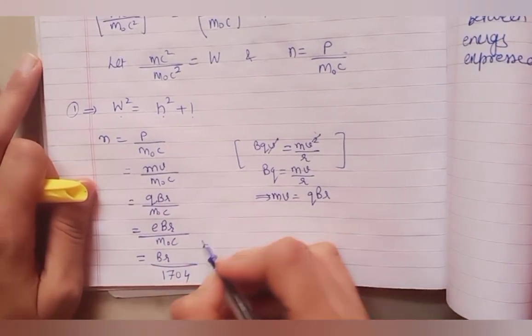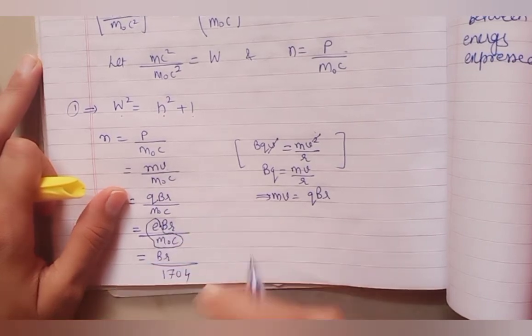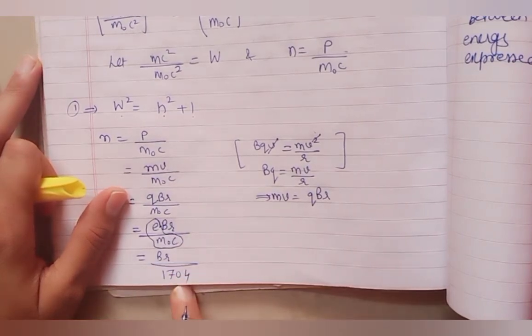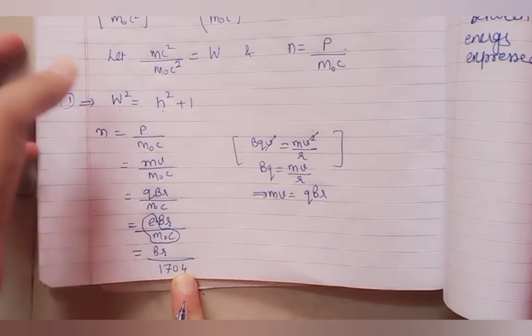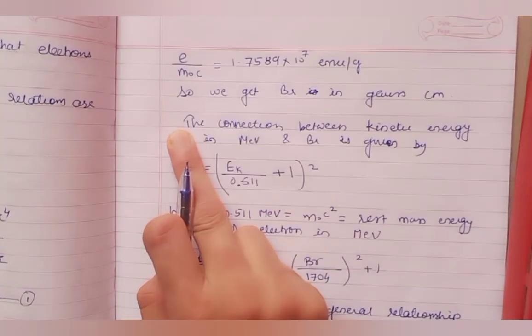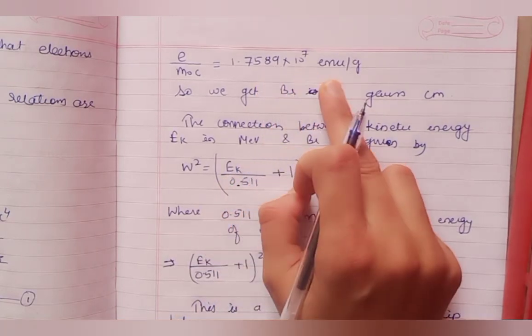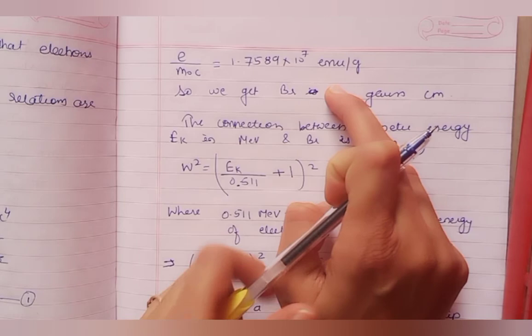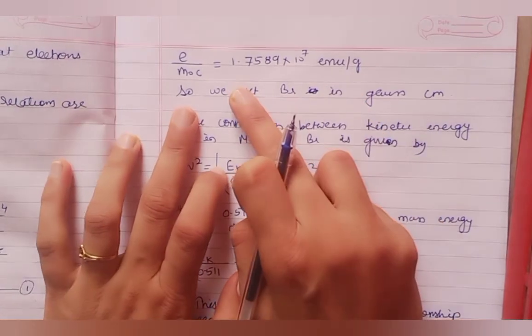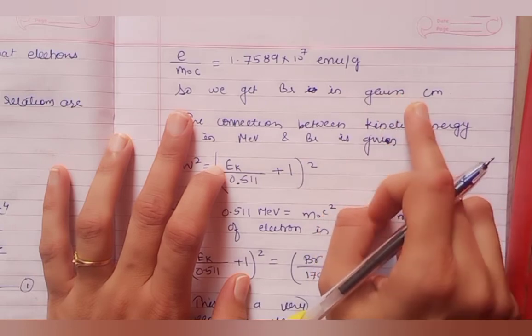If you calculate the value of e upon m0 c in CGS units, you get e upon m0 c equals 1.7589 into 10 raised to 7 emu per gram, and n equals BR upon 1704, with BR in Gauss centimeter.